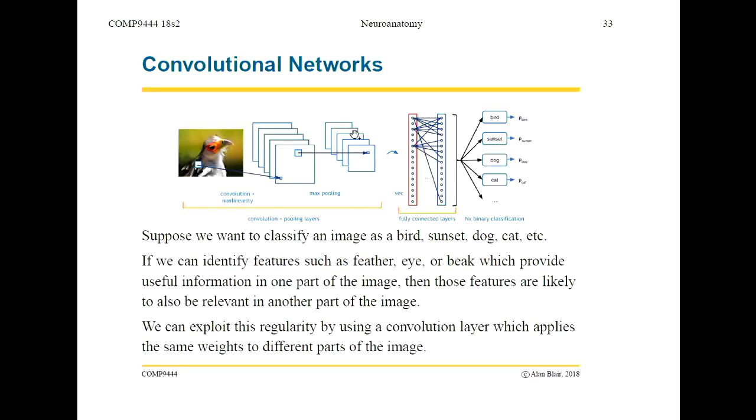If you think about the task of image classification, this is sometimes called a supervised learning task. You're given an image and you're told this image is a dog, and this image is a bird. You're given something like 1 million images, and for each one you're told what class it is.